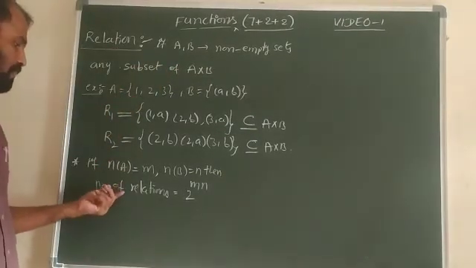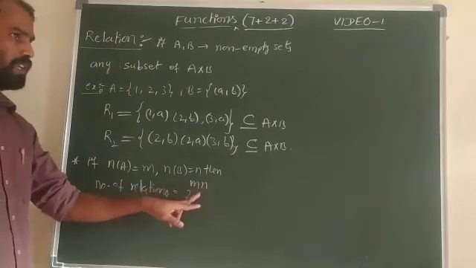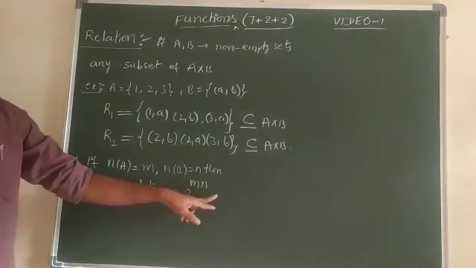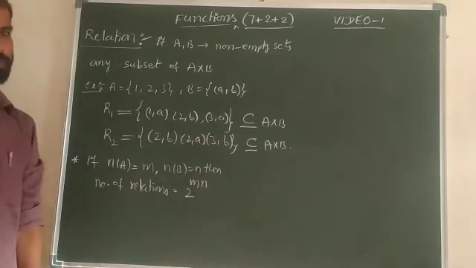So the number of relations formula is 2 power MN. Here M is the number of elements in A and N is the number of elements in B.